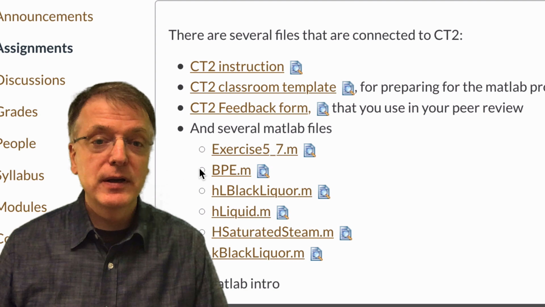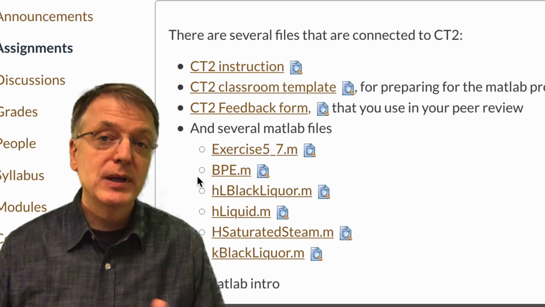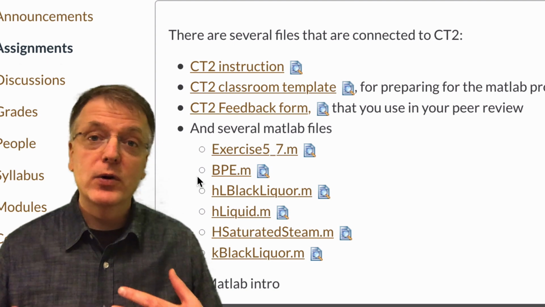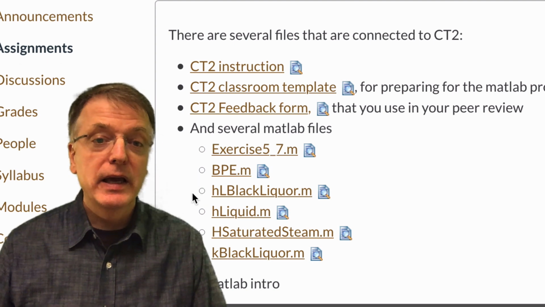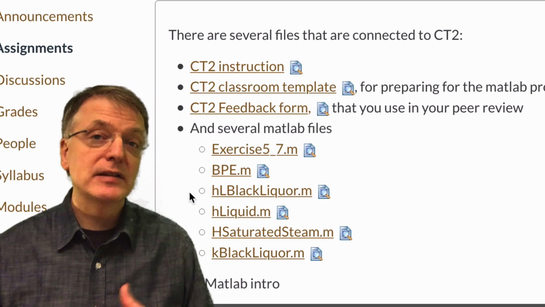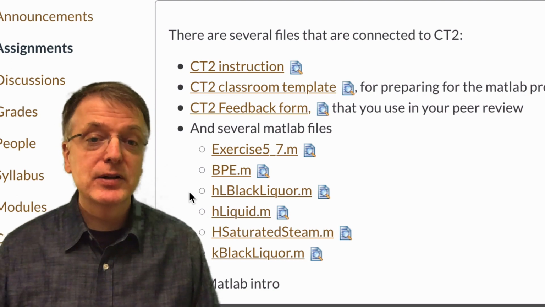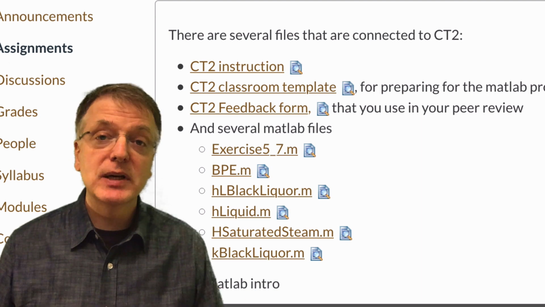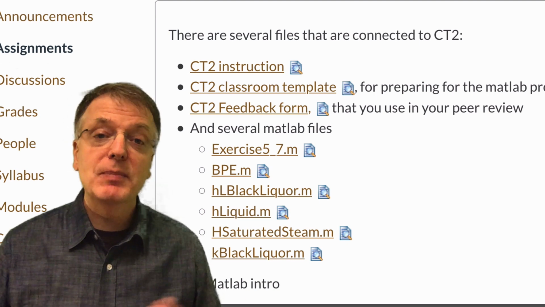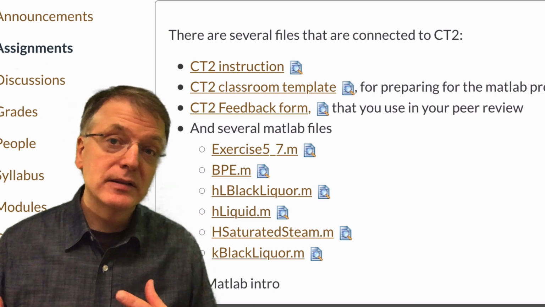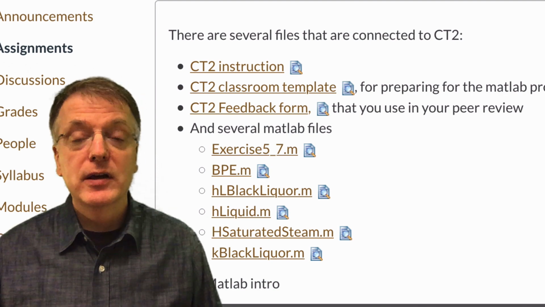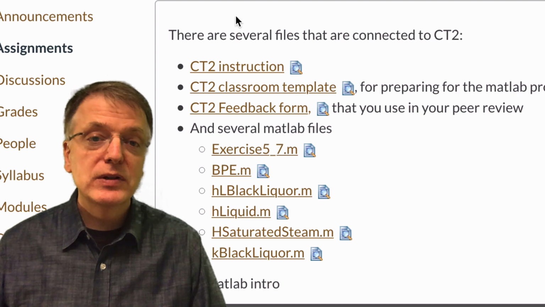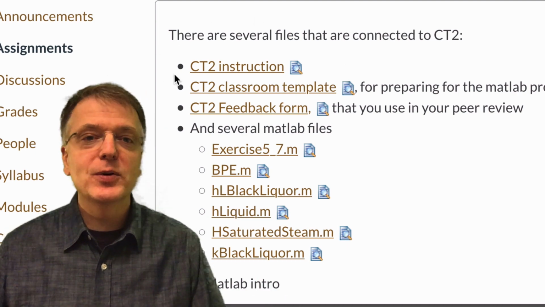To help you, we have some other files: BPE, that calculates the boiling point elevation for black liquor, HL black liquor, which calculates the enthalpy of the black liquor at a certain temperature and concentration, H-saturated steam again you need, and K black liquor, which calculates an apparent heat transfer coefficient. You find all the instructions in the instruction file, of course.